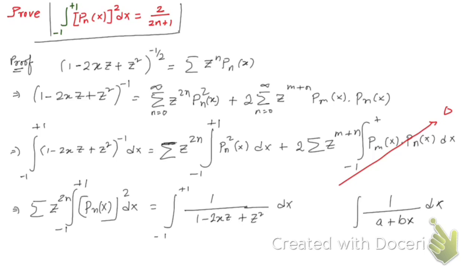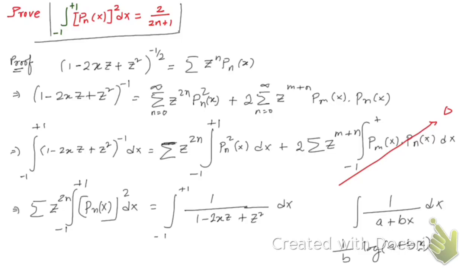If you integrate it, you're going to have log of a plus bx, and 1 by d/dx of this a plus bx, right? Hope you know this thing. Or you just divide it by the coefficient of x, that is here b.